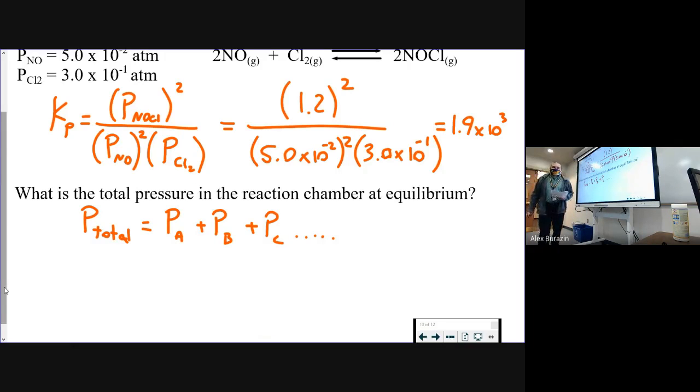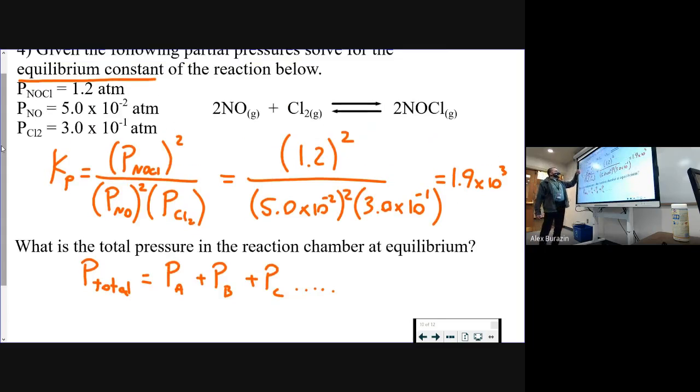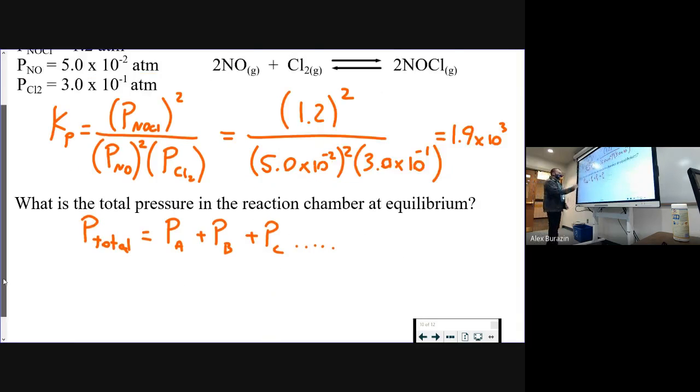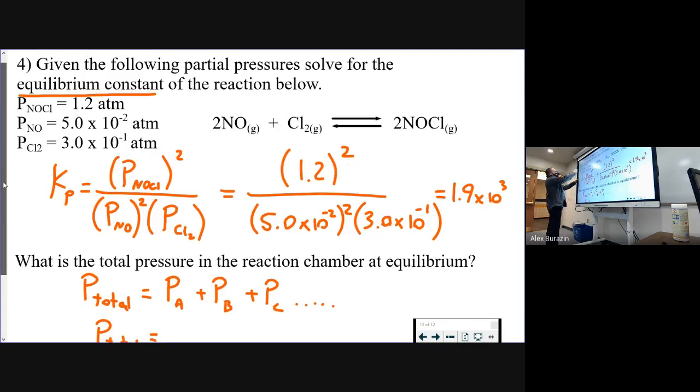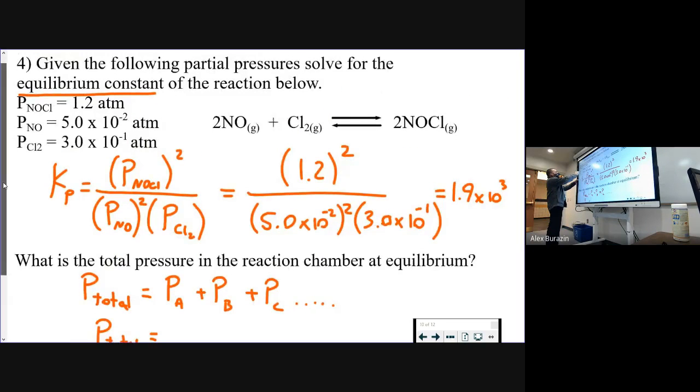So all we need to do to get the total pressure here for the second half of this problem is add up all the partial pressures of all the pieces. That's easy. The total pressure should equal the partial pressure of NaCl plus the partial pressure of NO plus the partial pressure of Cl2.